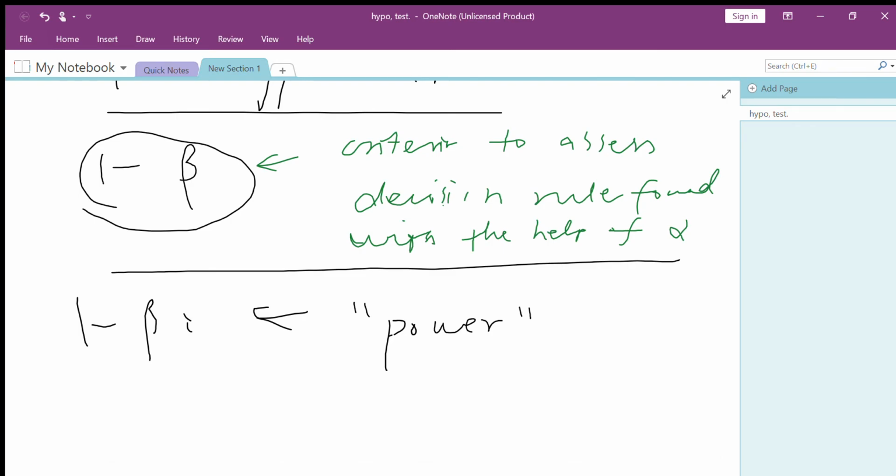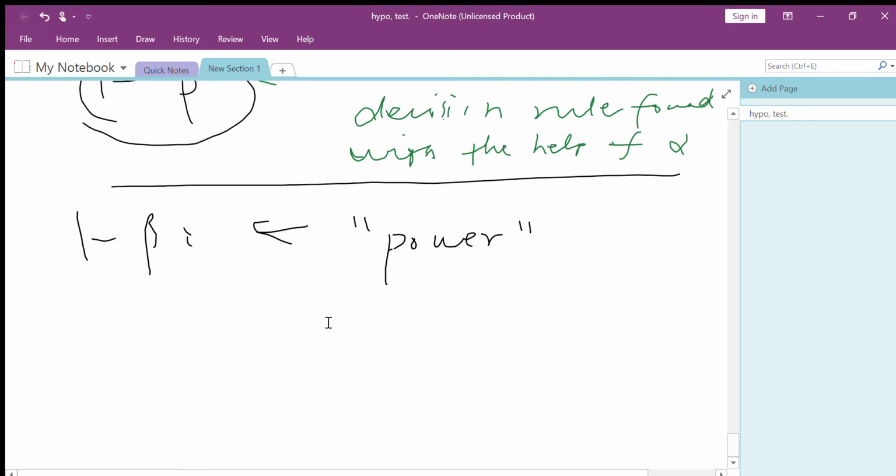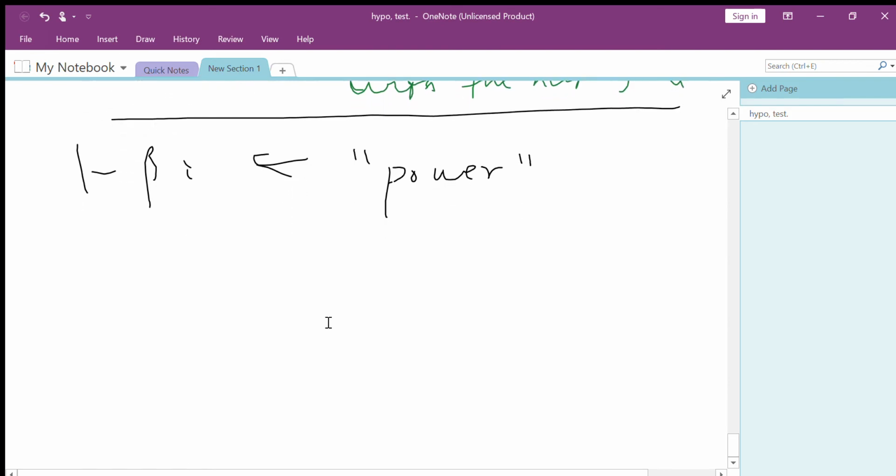Why this terminology? Let's see what I mean by saying 1 minus beta is power.